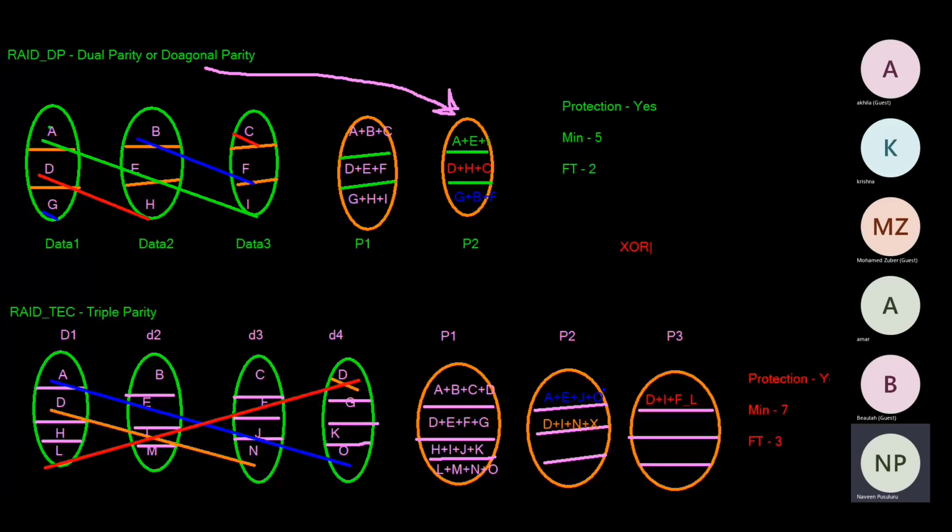There is an algorithm called XOR. EMC, NetApp, HP, Hitachi, IBM, every storage vendor will have RAIDs. All of them work similarly, but they customize these RAIDs according to their convenience.